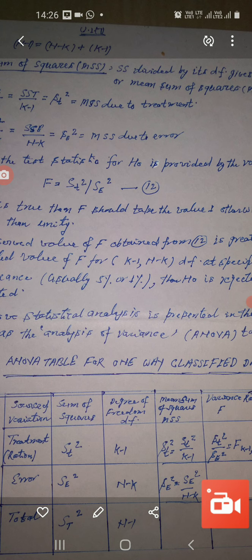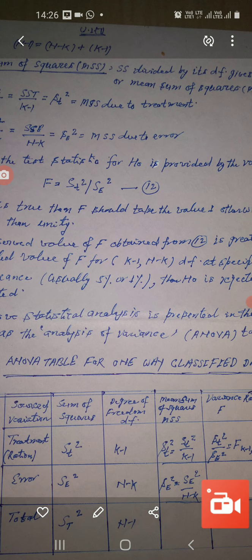Suppose F calculated for given degrees of freedom is 4.36 and F tabulated for given degrees of freedom is 5.46, we see that F calculated is less than F tabulated. In this case, we will accept the hypothesis which we have set up as null hypothesis.